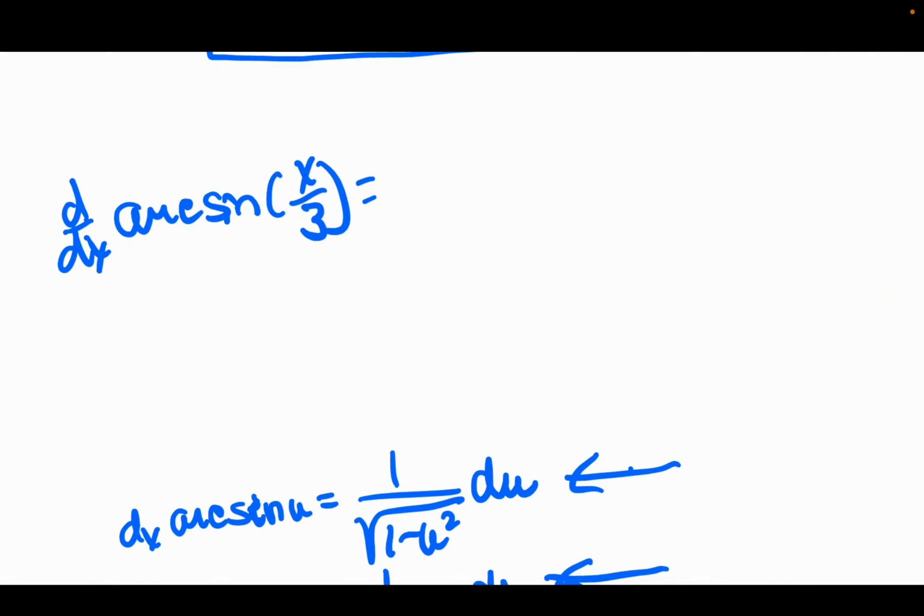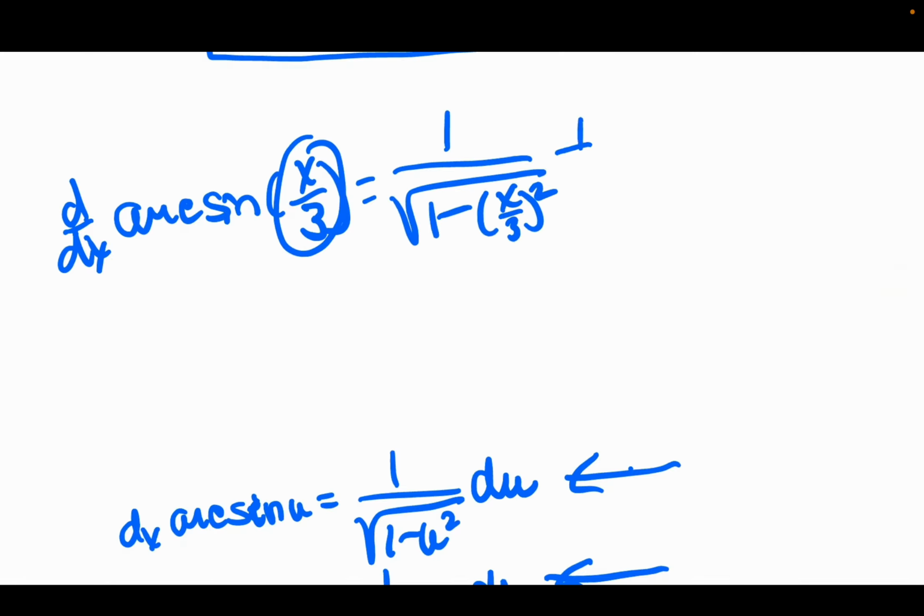But say I'm taking the derivative of arc sine x over 3. That would be 1 over the square root of 1 minus u squared, and the derivative of u is 1/3. So I get 1 over 3, the square root of 1 minus x squared over 9.